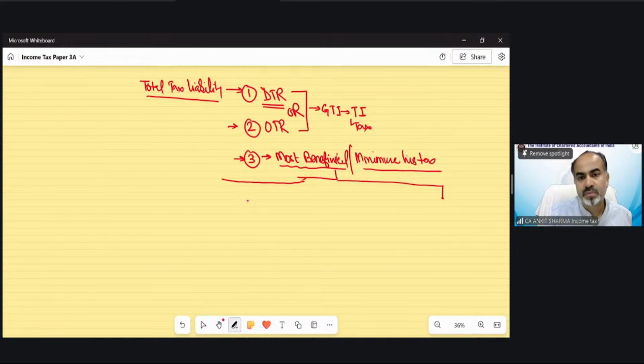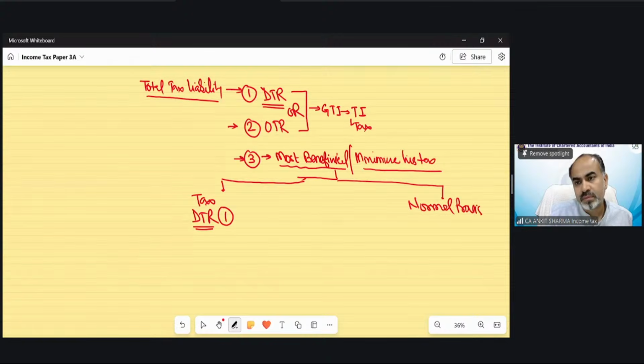In that situation, you have to calculate tax under the default tax regime first. We can name it tax 1. Then you need to calculate tax under the normal provision of the Income Tax Act. Under the normal provision, you have to calculate tax once under the optional tax regime. We can name it 2.